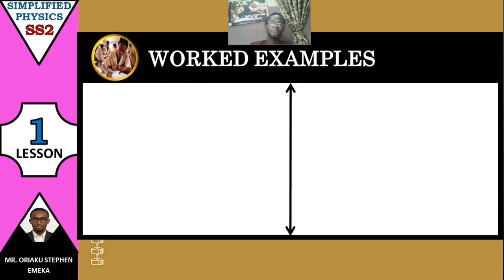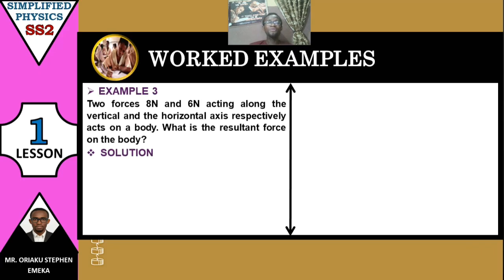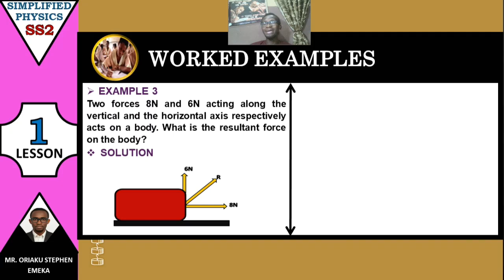So let's get a worked example. Example 3. Two forces, 8 Newton and 6 Newton, act along the vertical and horizontal axis respectively of a body. Find the resultant force. Simple. The first thing to do is to draw a sketch of what you're talking about. Then you apply the Pythagoras theorem.